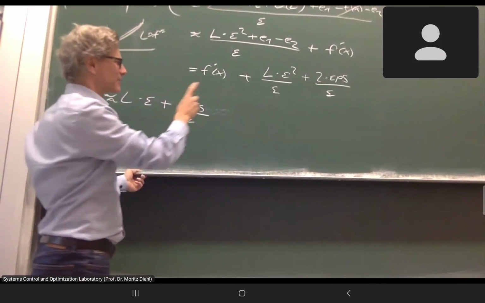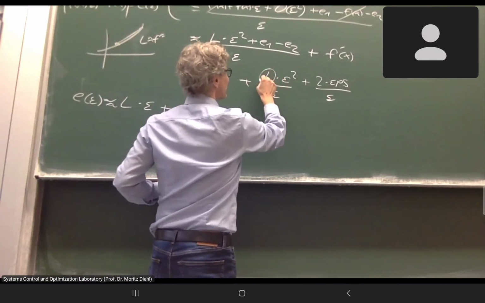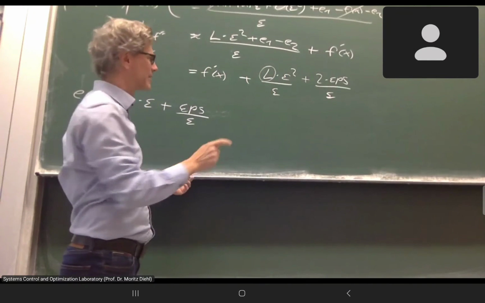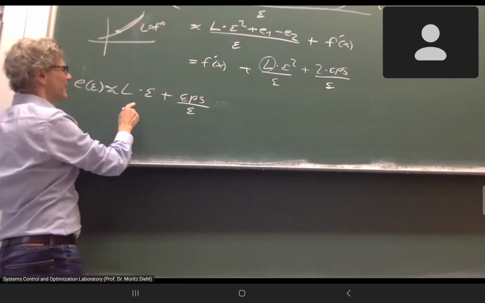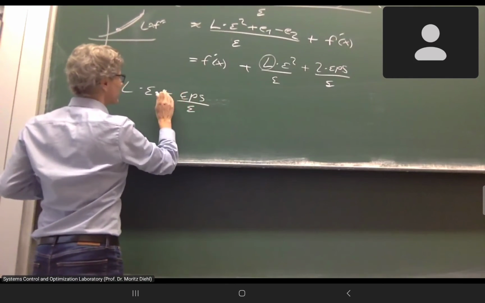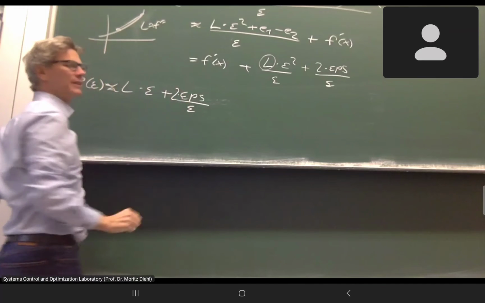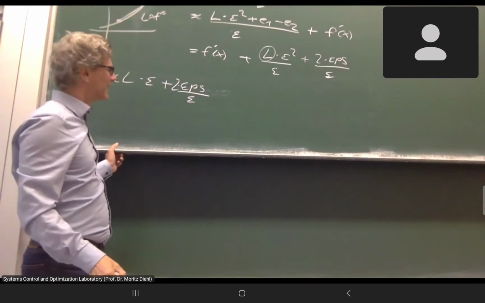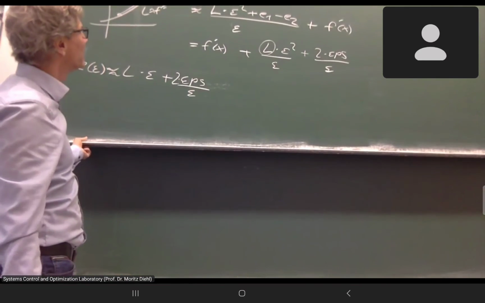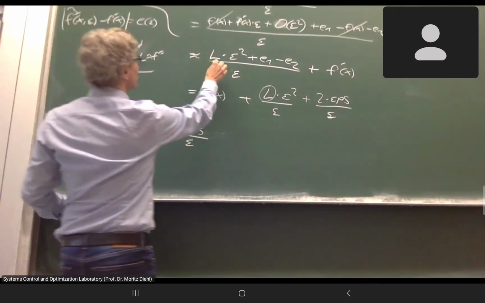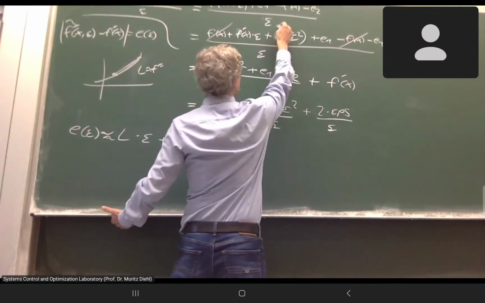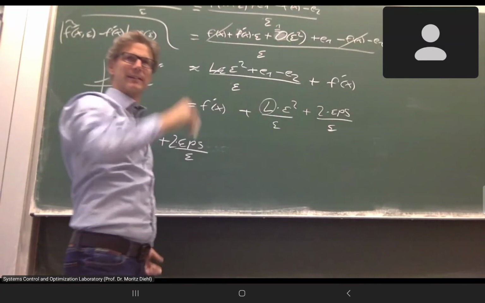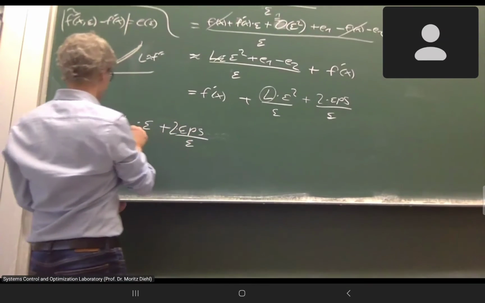And maybe I leave the factor 2, but this is also not known, right? So I just assume these things are all in the order of 1. That's now the interesting thing, right? Okay, I don't want to confuse it. So I leave a 2 here, just for the moment. Maybe I should also put a 1 over 2 here, because it's really the Taylor series over the second derivative.